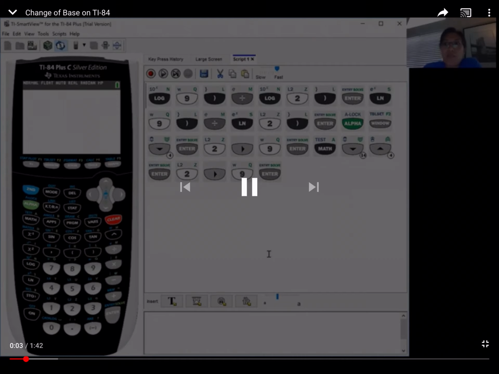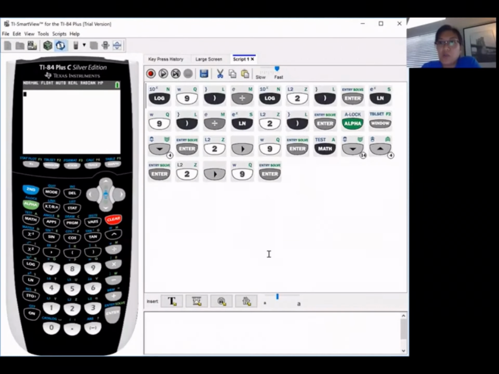All right, so I'm recording a screen share to hopefully post into our notes of how to use your graphing calculator to use the change of base. You can use the change of base formula that we just talked about, which is the log of what you're taking the log of divided by the log of the base. Or you can use your graphing calculator. So you can take the log of 9 divided by the log of 2, and you get 3.1699.